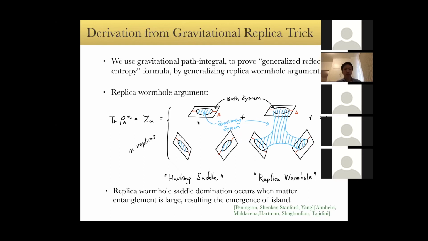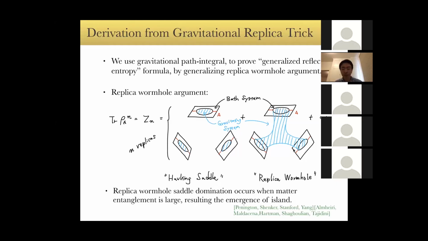The argument was that when the entanglement between the bath system and the gravitating system is strong enough, the saddle where the bath and gravitating system are connected to each other will dominate. And when you take the replica n to 1 limit, this replica wormhole gives exactly the island prescription. That's how the argument goes.